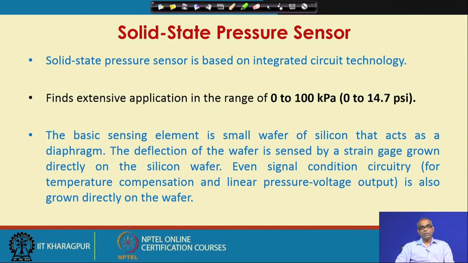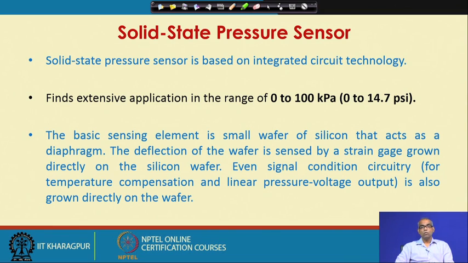So, when the silicon wafer undergoes deflection, the strain gauge also undergoes strain. So, it changes its resistance and an electrical signal will come out as output, which is a measure of the strain, which in turn is a measure of the deflection, which in turn is a measure of the pressure.